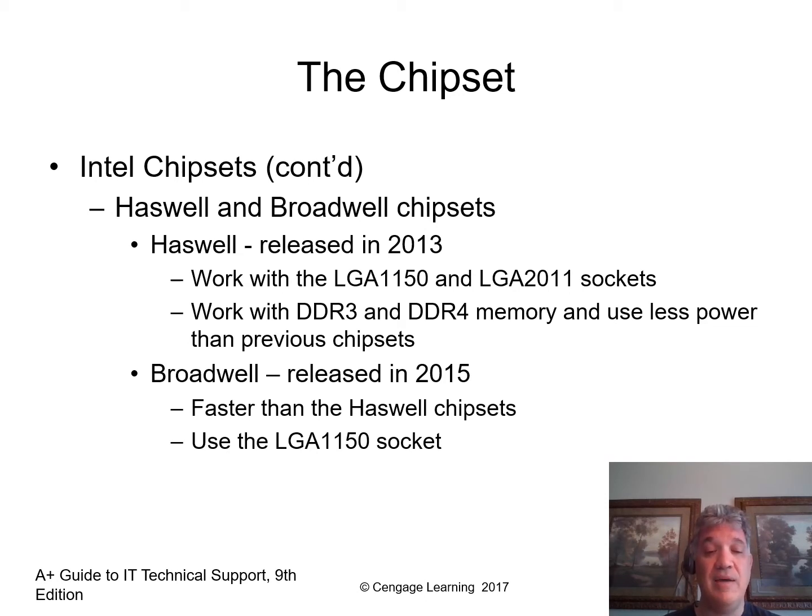Broadwell, its claim to fame is that it's faster than both Ivy Bridge and Haswell. So each chipset, each of the major releases, not the minor releases, kind of like software, will have significant improvements in the hardware.